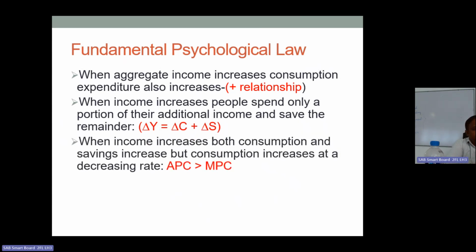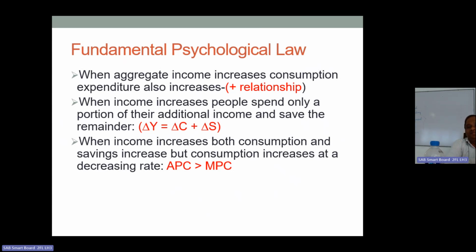And the third one: what happens when income increases? Savings also increase, and consumption increases at a decreasing rate. People are not willing to consume more when the income level increases; they are willing to save and invest more.